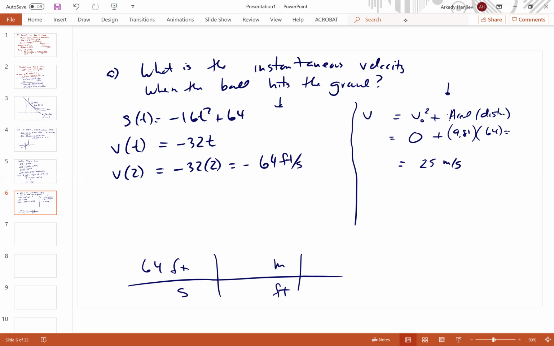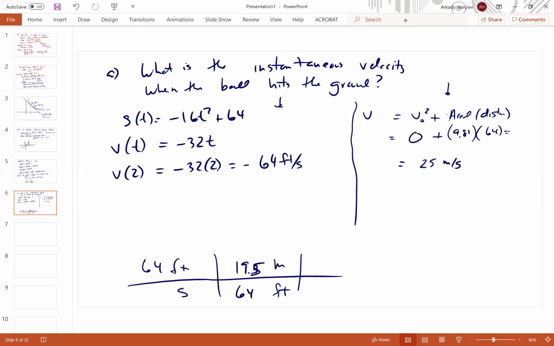Sorry, say that again, just a little louder here, Eli. 19.5 meters. Is that the conversion between the two? Yeah, 64 feet is 19.5 meters. Oh, okay. 19.9 meters? 0.5. Thank you.